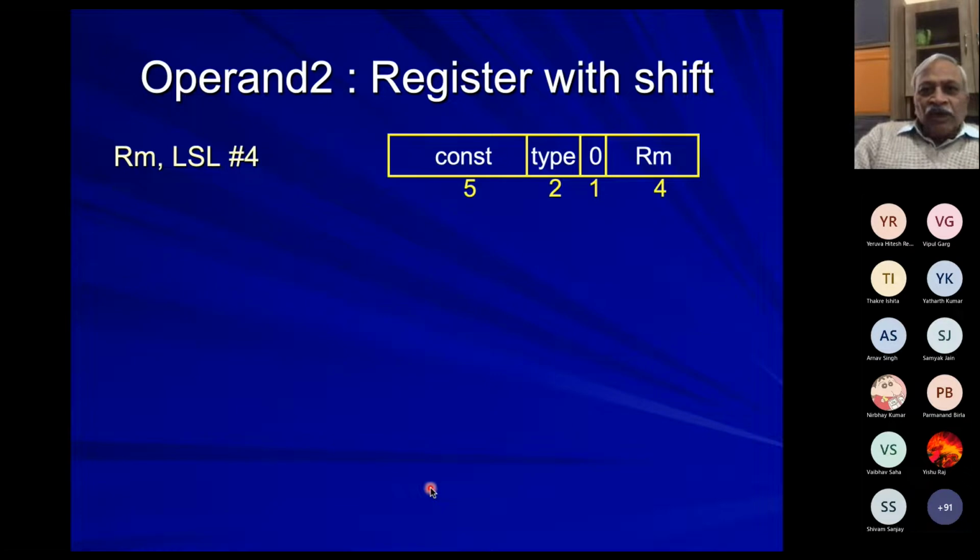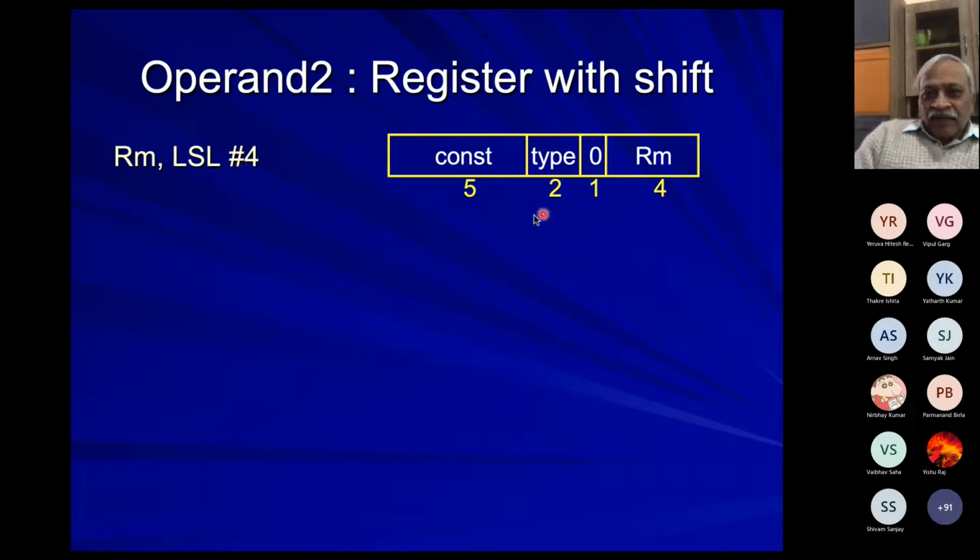Now, how you write this in assembly form is also shown here. For example, operand 2 could be RM, the register which you want to use as operand, comma, the shift type and the shift amount.